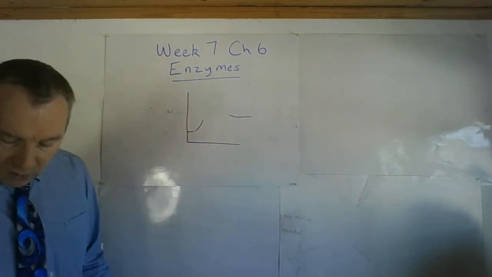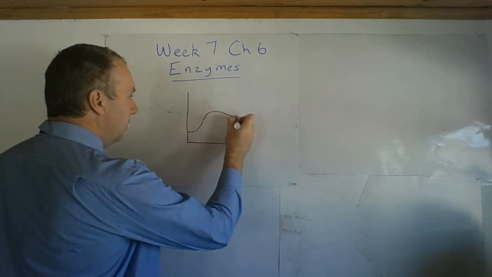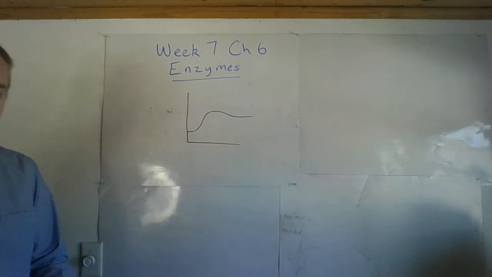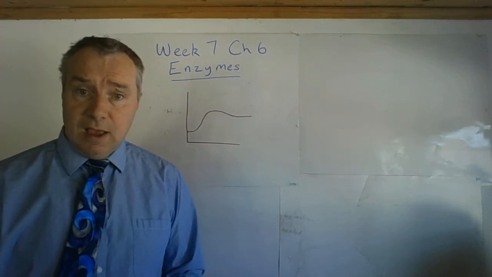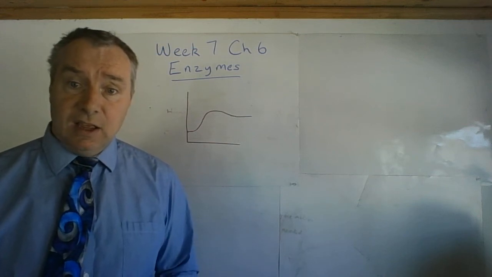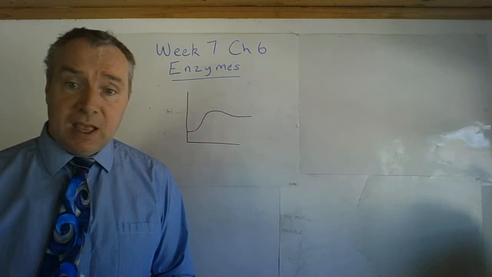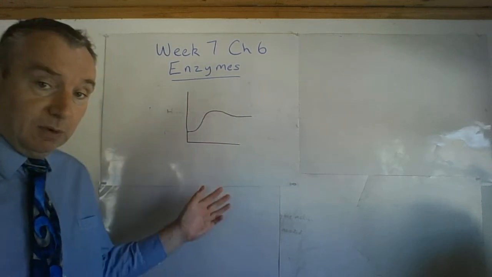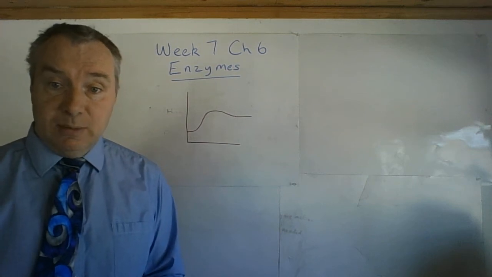So instead of requiring this much energy, it might require this much energy. That makes it a lot easier for the reaction to proceed, and obviously it acts as a catalyst in that way, in that a catalyst is a thing that speeds up reactions, and this is exactly what's happening here. Activation energy is lowered, and so the enzyme is acting as a catalyst.